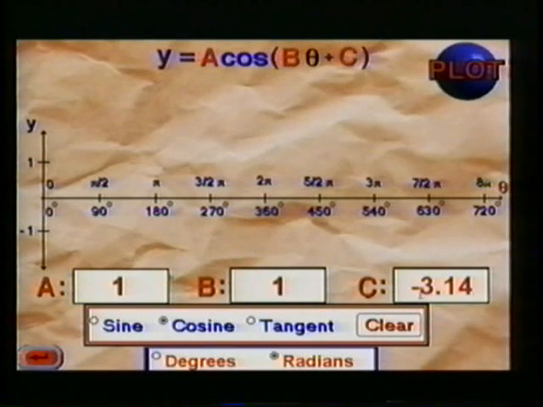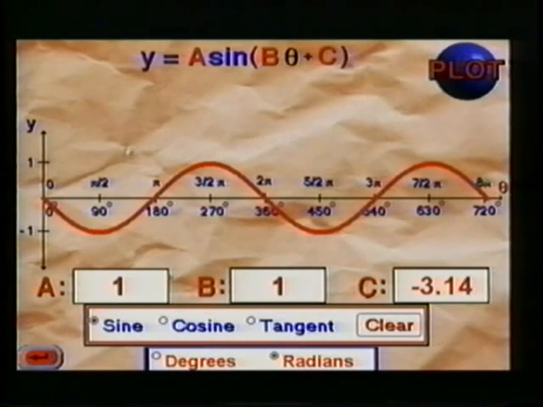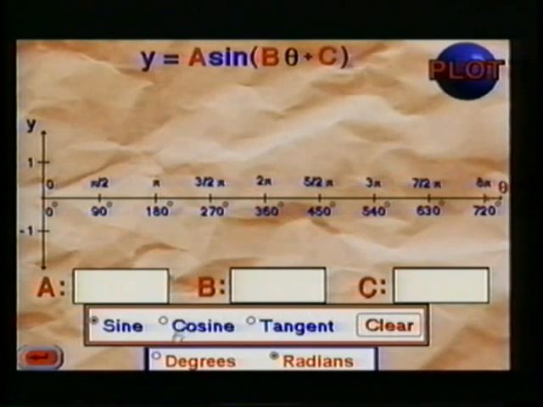Which means, if C in the equation is negative, the phase shift, which is negative C over B, is going to end up being in the positive direction. Let's take a look. Usually the sine starts here, but here the sine starts at 1 pi. Let's look at the cosine.